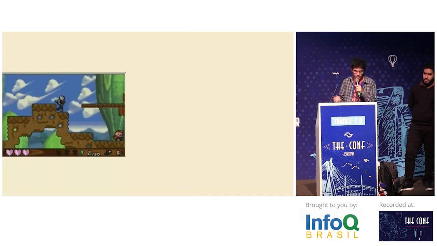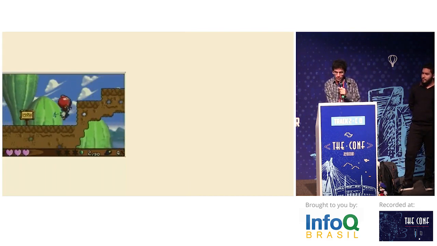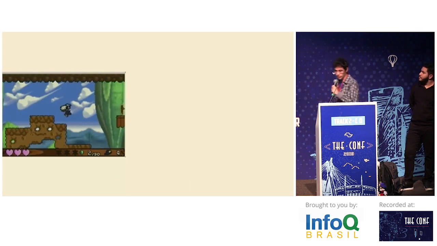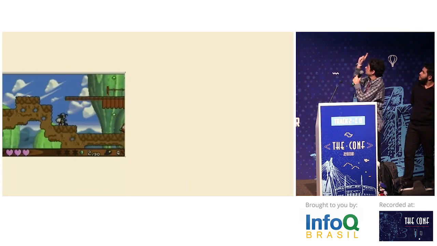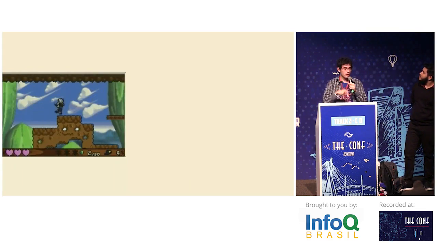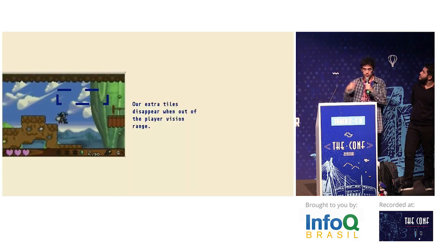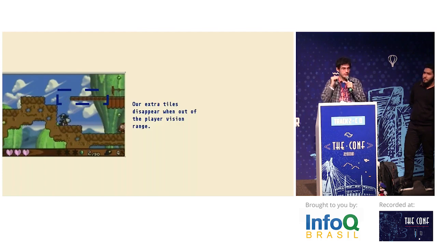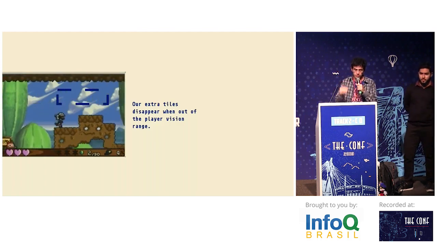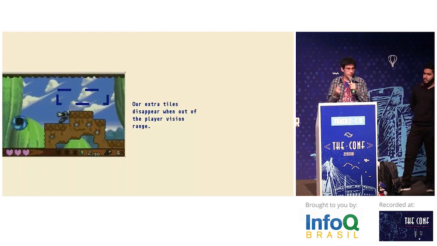Doing a very simple test, walking to another part of the level, you can see that all extra tiles disappear when out of the player's visual range. So there is another memory region that really stores the entire tile map and is the data source of the flash WRAM. But where is it?